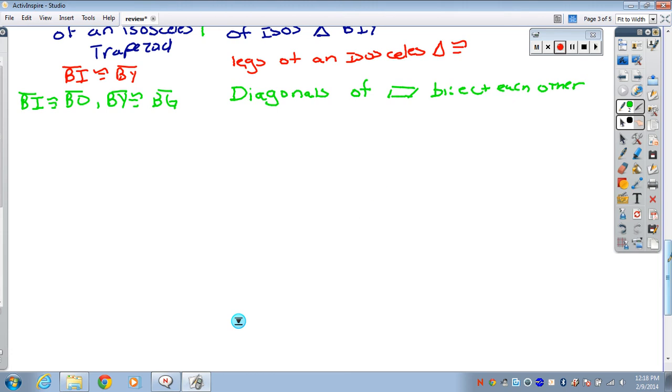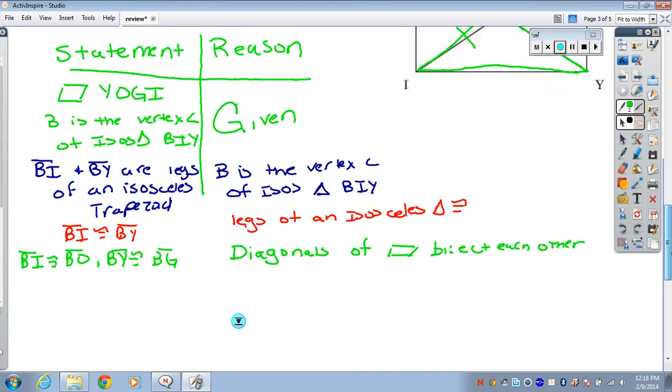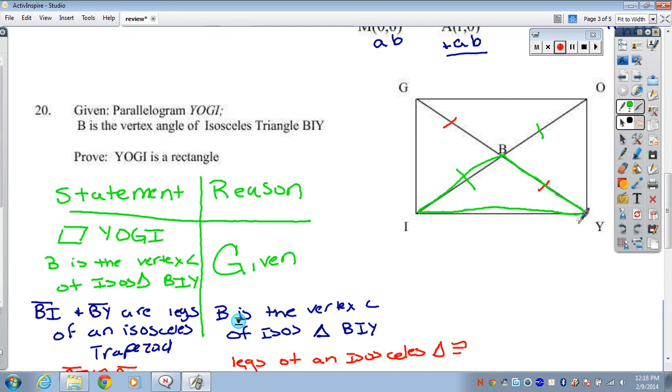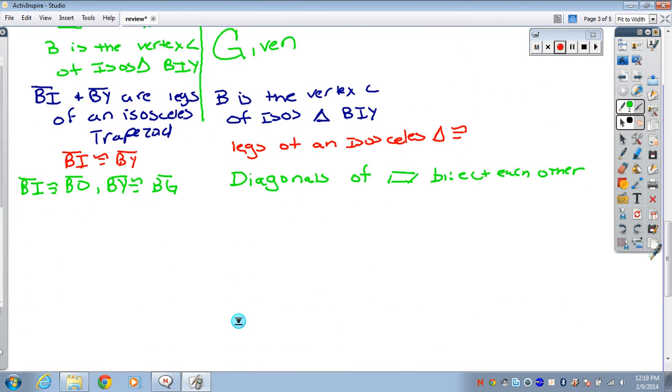All right, we also know that BY is congruent to BO and BI is congruent to BG through substitution. Right here we said BI is congruent to BY, so I substituted in right here.